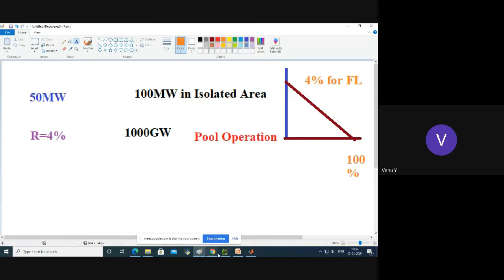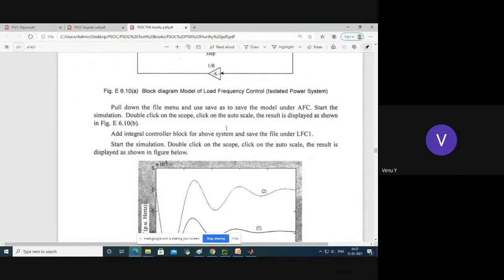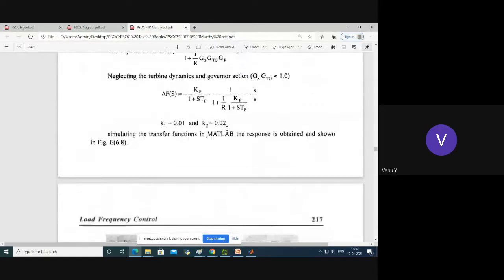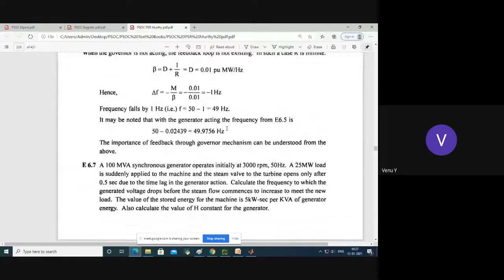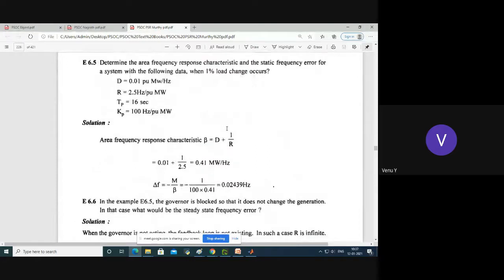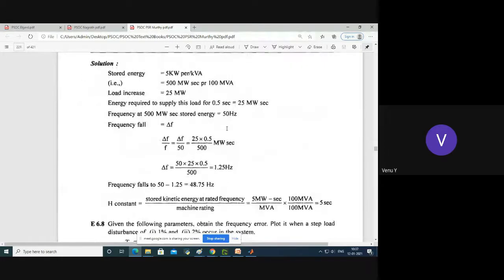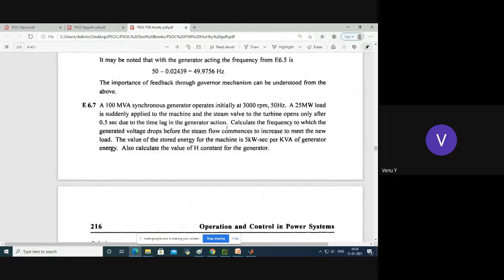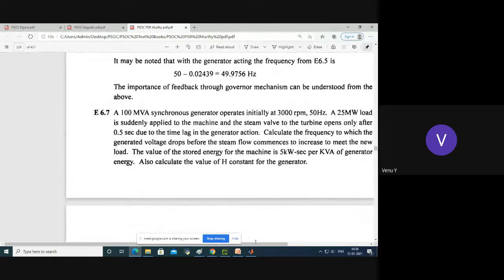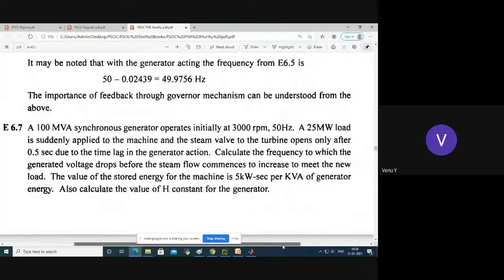For example, let us look at this problem.